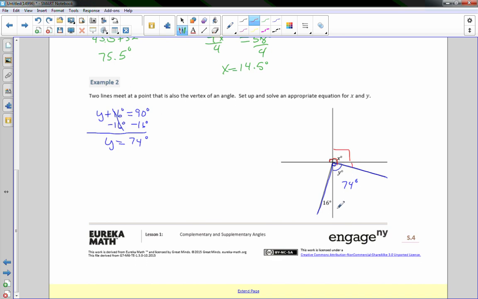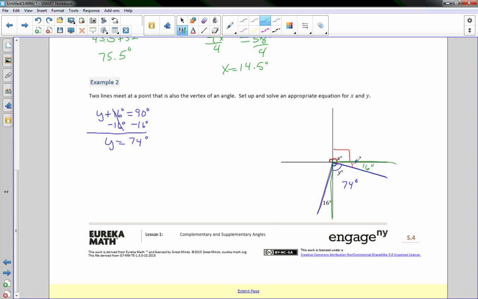But we've already found this piece here to be 74 degrees, so this whole thing is 90 degrees right here. If I draw this up and over like this, that green angle is also 90 degrees, and y is 74, so therefore this has to be also 16 degrees because it's the same as this, making 90.